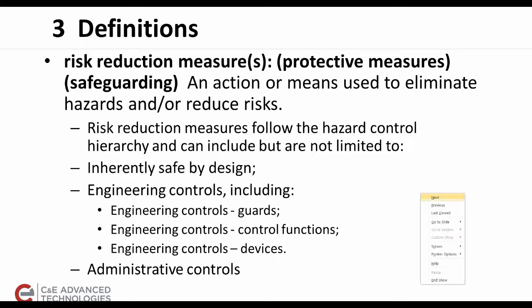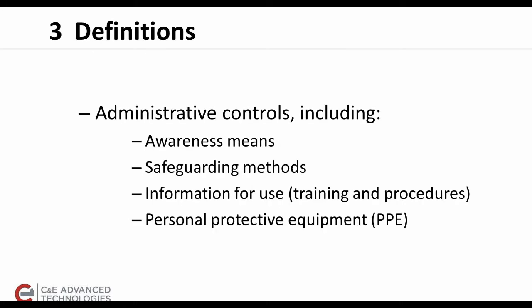Last in the list, we have the administrative controls, which are comprised of awareness means, safeguarding methods, information for use, and personal protective equipment. The thing to recognize here, and the reason they're at the bottom of the list, is that they depend on the individual to follow the rules and to correctly apply them. So they are very user sensitive.